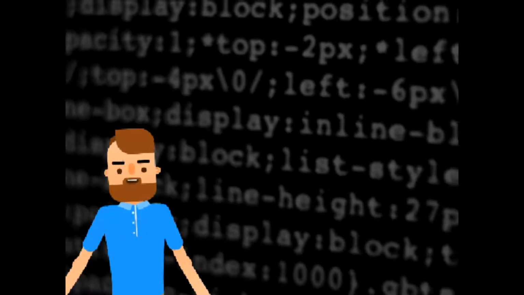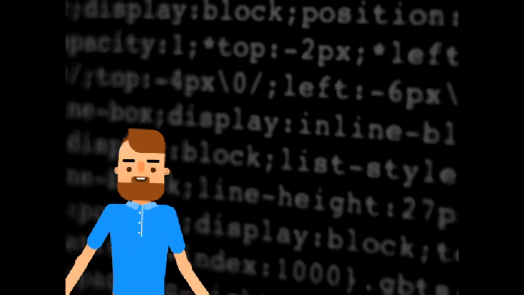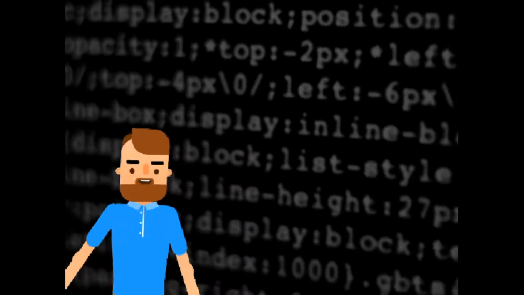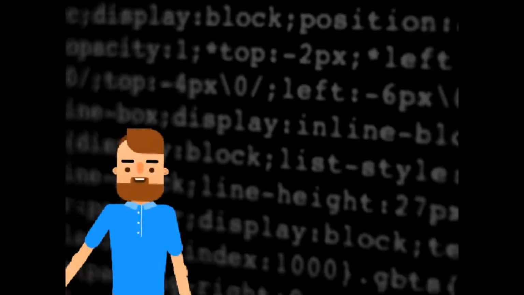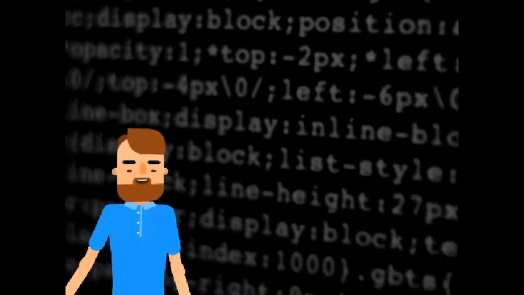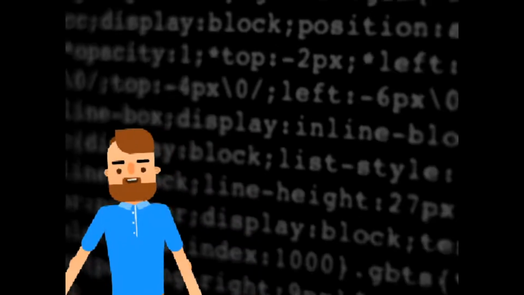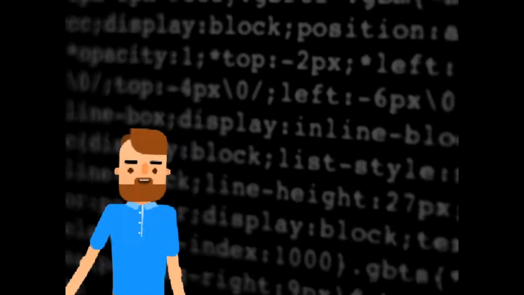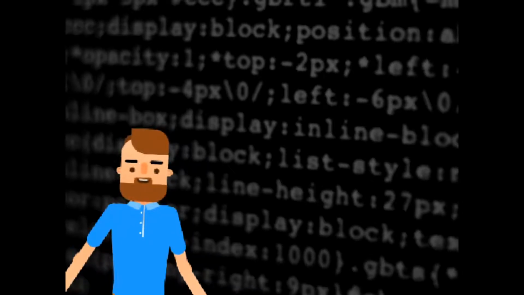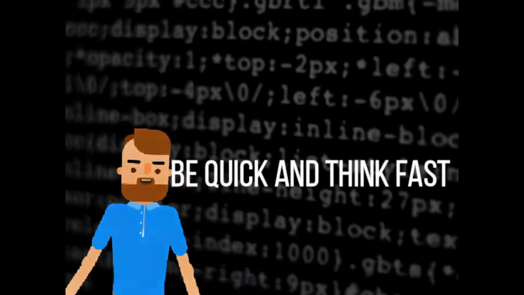Before we proceed with the lesson proper, allow me to test your prior knowledge regarding today's lesson. You are given 5 seconds for each picture to identify them and to discuss their functions. Be quick and think fast.